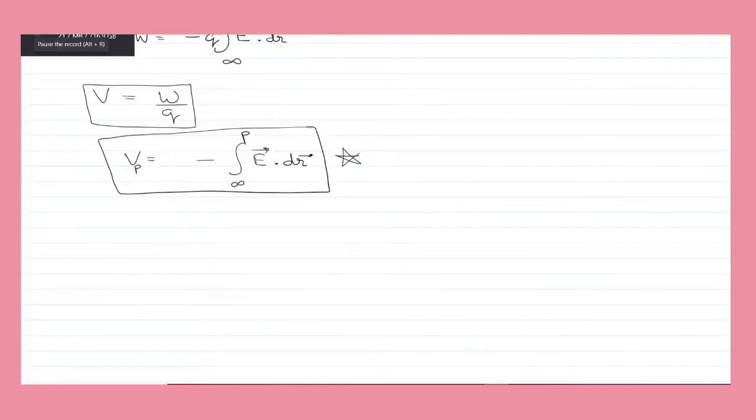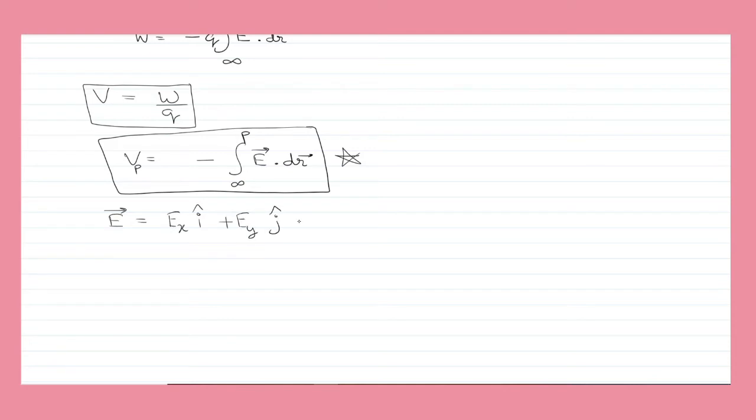Now, according to this relation, as we can see that electric field is a vector, so this electric field can be written as Ex i cap plus Ey j cap plus Ez k cap. dr will be written as dx i cap plus dy j cap plus dz k cap.